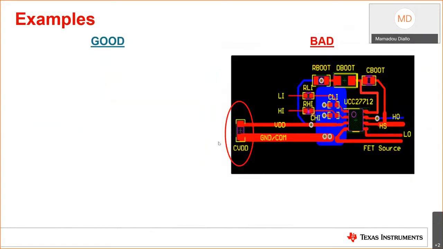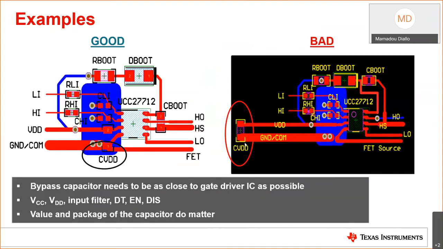Here's an example of a bad layout where you have the biasing capacitance placed too far away from the VCC supply on the right, and on the left shows a correct placement of the CVDD capacitor directly across the IC.